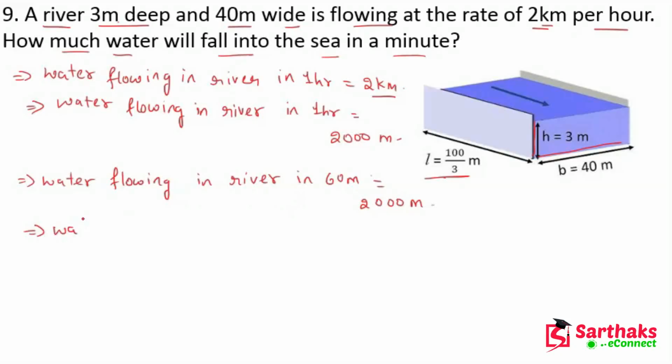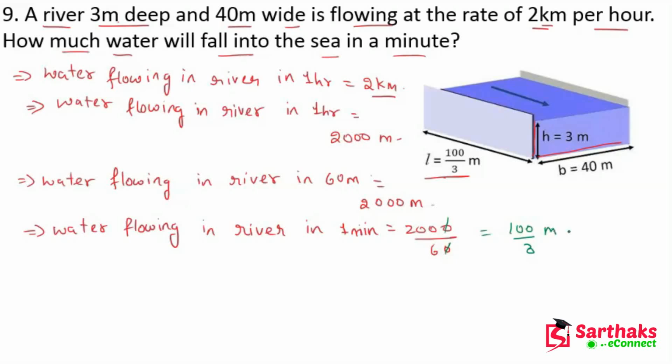So water flowing in the river in 1 minute is equal to 2000 divided by 60. This 0 will be cancelled. After solving this, we get 100 upon 3 meter. So the length is 100 upon 3 meter.